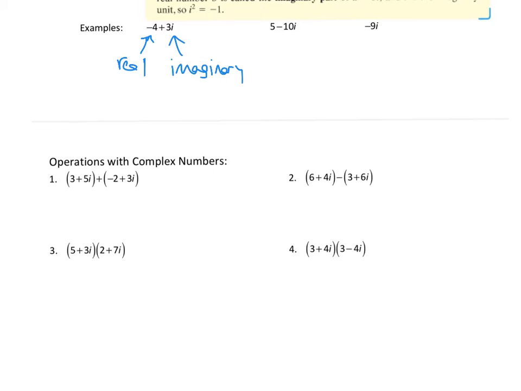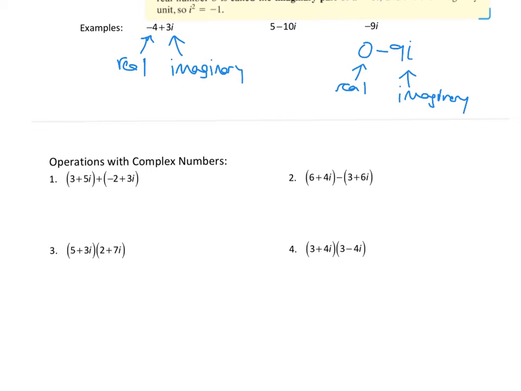And same with the next one, 5 would be the real part, negative 10i would be imaginary, and then negative 9i would be the same as 0 minus 9i, where 0 is real, and the negative 9i is the imaginary part.